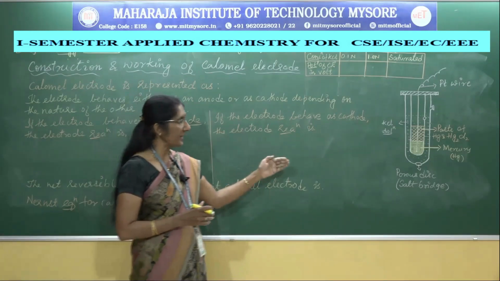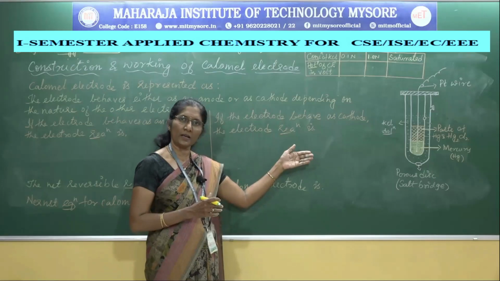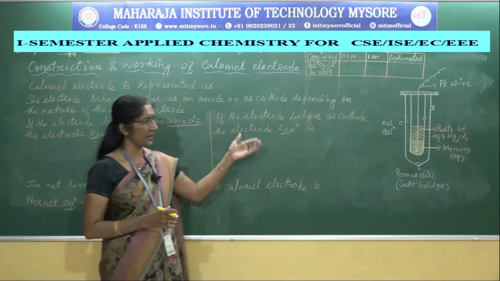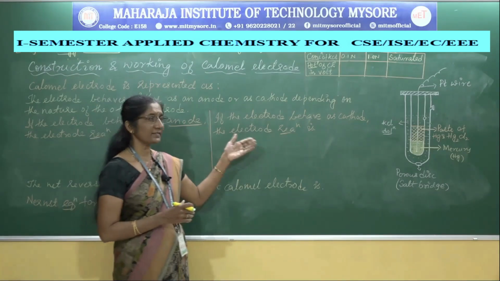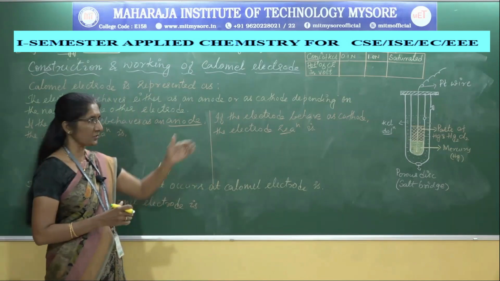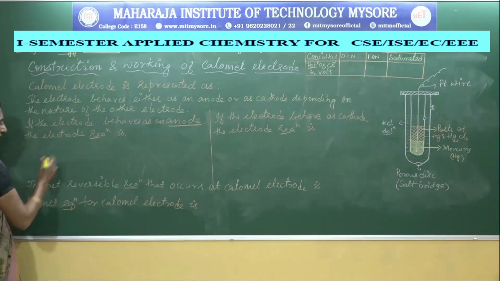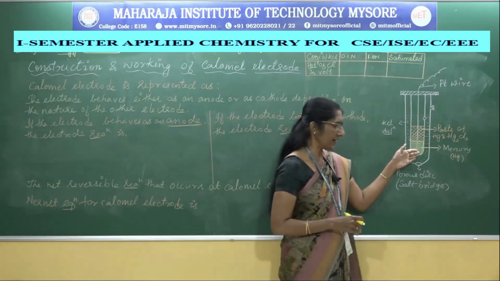If the calomel electrode acts as an anode, we already know that at the anode oxidation reaction always takes place. Then what is the oxidation reaction when this calomel electrode acts as an anode? Observe what is the metal present in this electrode.